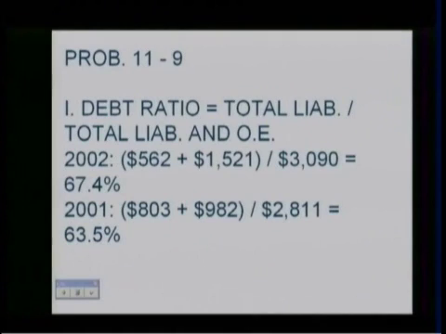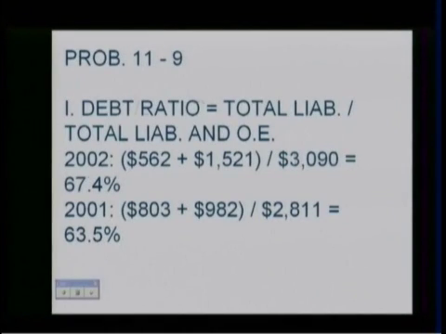In letter I, they ask you to calculate the debt ratio and the debt equity ratio for 2004 and 2003. The debt ratio is simply your liabilities divided by your total of liabilities and owner's equity. You get 67% in 2002. You get 63% in 2001.